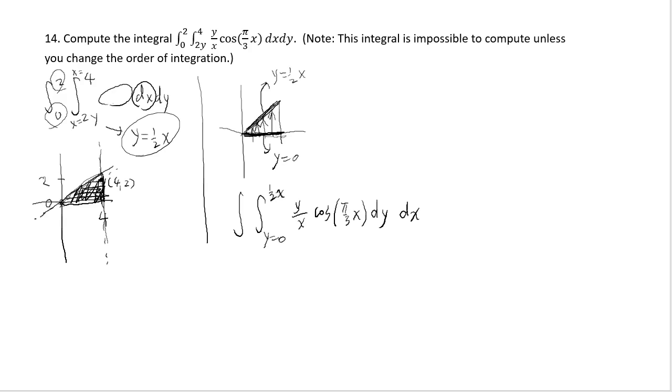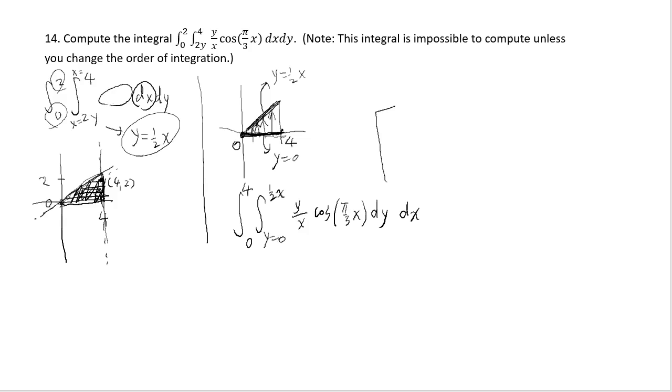You can never put y or x. So you want to put numbers, and for those numbers you want to think about the minimum and maximum value of x. So the minimum value of x is 0 here, and maximum value here is 4. So it's from 0 to 4. Okay, now we've successfully changed the integral.